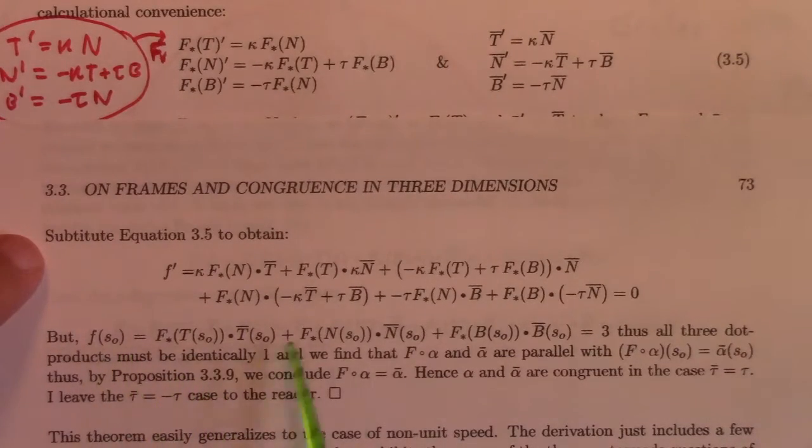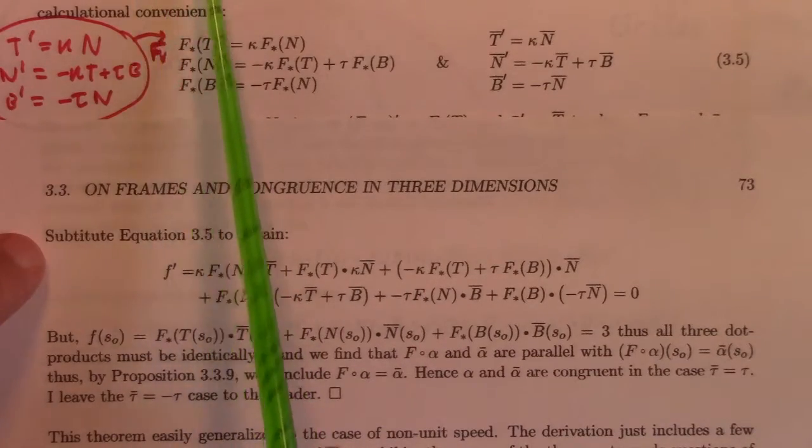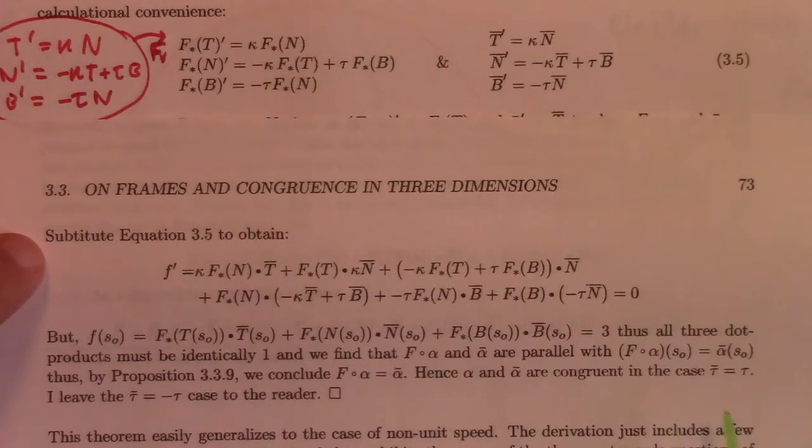But f of s naught is 3, so that constant value of 3 must be maintained for all arc length, and so we get that, in fact, the vector parts of t bar and the push forward of f composed with alpha and alpha bar agree for t, n, and b.